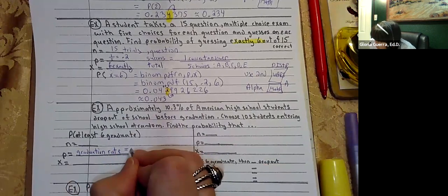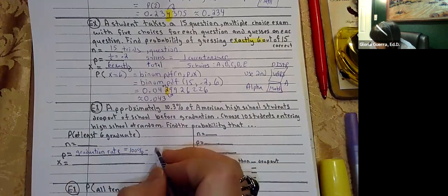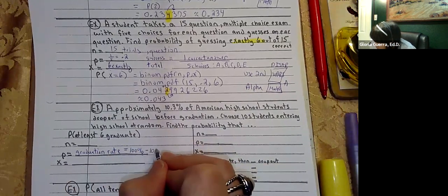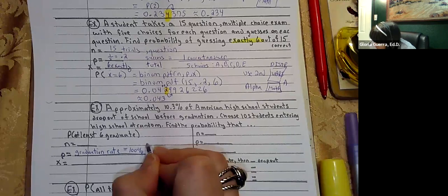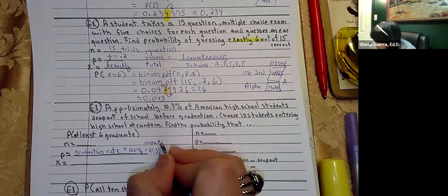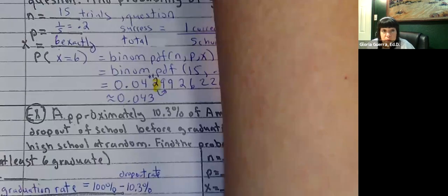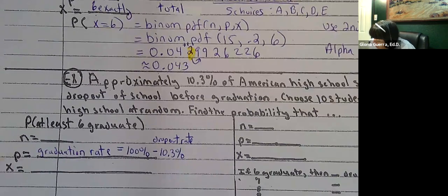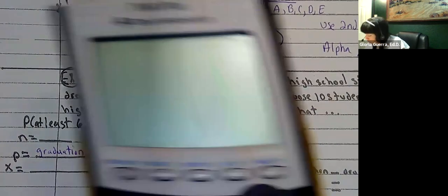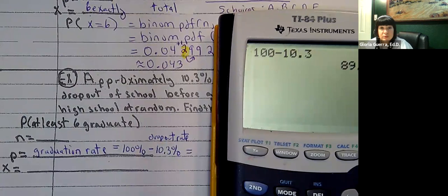You start off with a total of 100% minus the 10.3%, which is the dropout rate. On your calculator, 100% minus 10.3% gives you 89.7%.